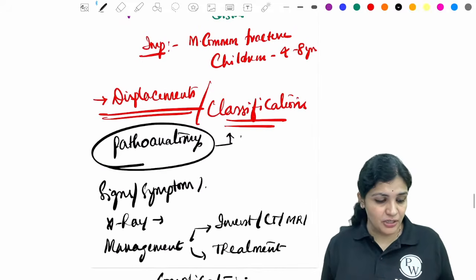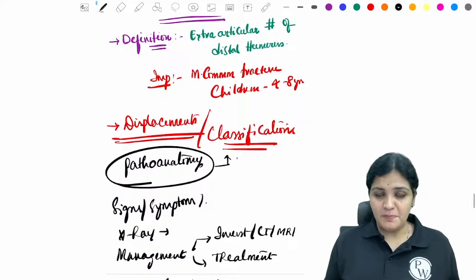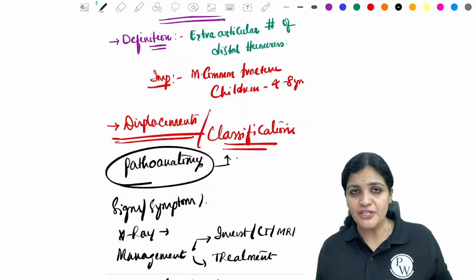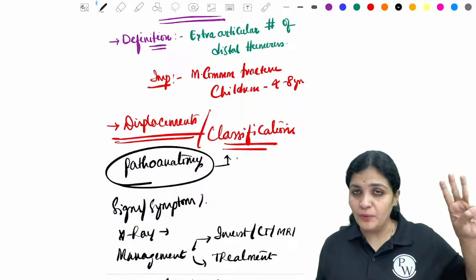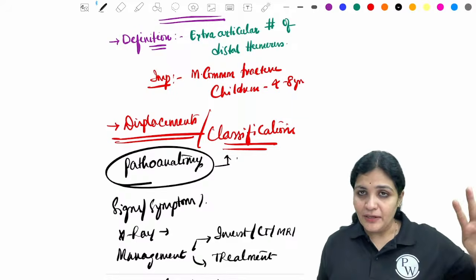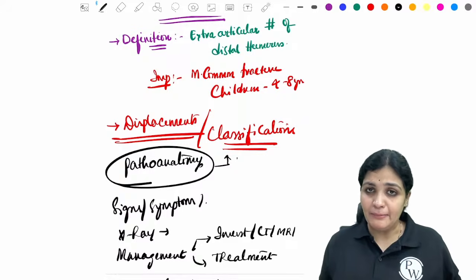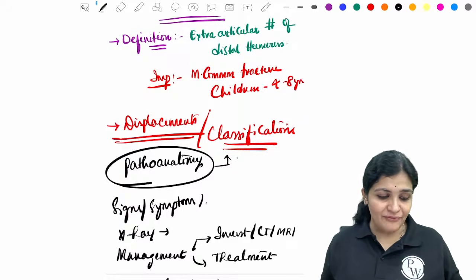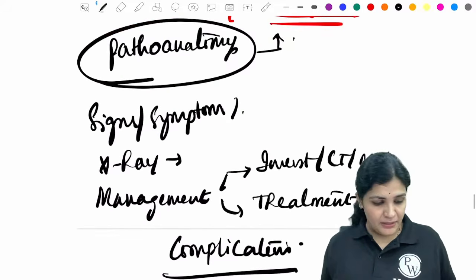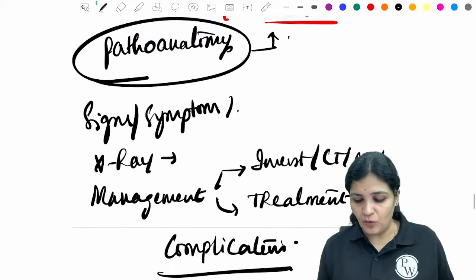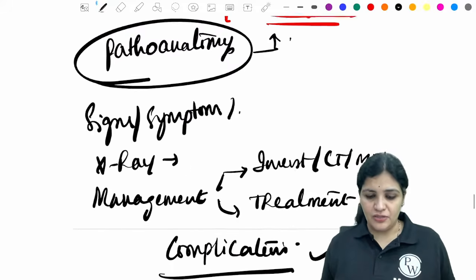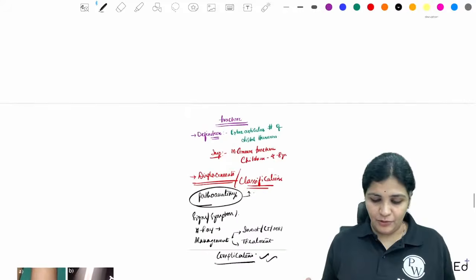Any fracture you have to write in this pattern. So first, definition of that particular fracture, pathoanatomy, in that you will write the classifications, then the signs and symptoms, then you comment about the x-rays, and then the management. In the management you have investigations and the treatment. Yes, and finally, always the complications. So this is the pro forma, how you have to answer it.